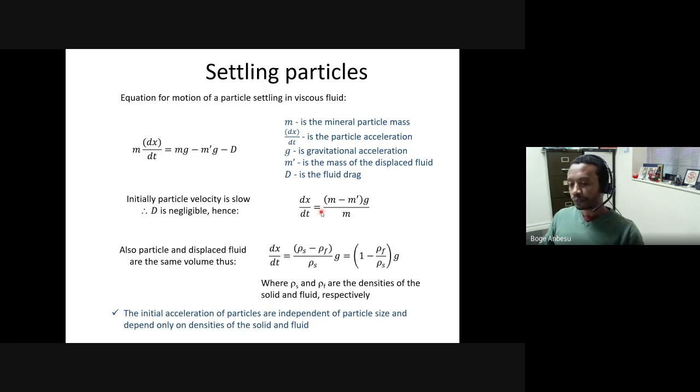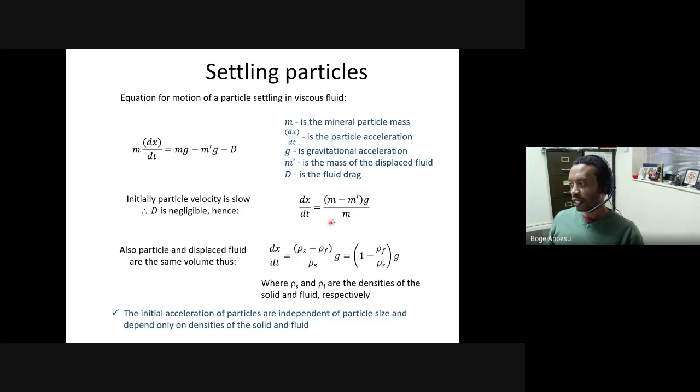But again, we say particles fall due to gravitational acceleration, and as particles fall, they displace the same volume of liquid, okay, from their paths. So in this case, you could also say instead of the mass, if we say mass by volume, because the volume is always the same, so m by v, m prime by v, you actually can work in terms of density rather than mass as well.